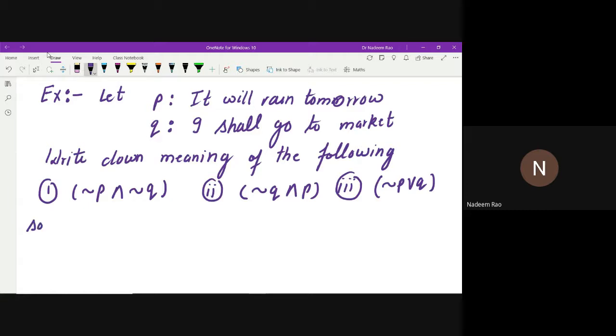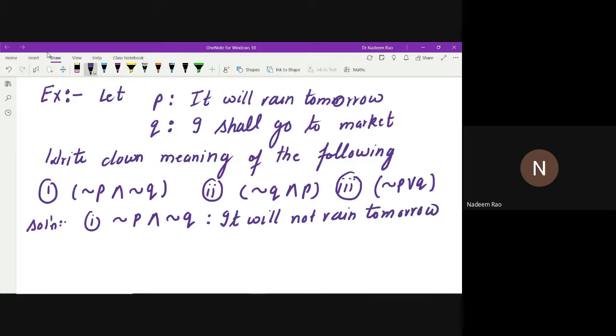Now we come to the solution. Number one, negation of P and negation of Q, what does it mean actually? It means that it will not rain tomorrow, because it is the negation of P, and P is that it will rain tomorrow.